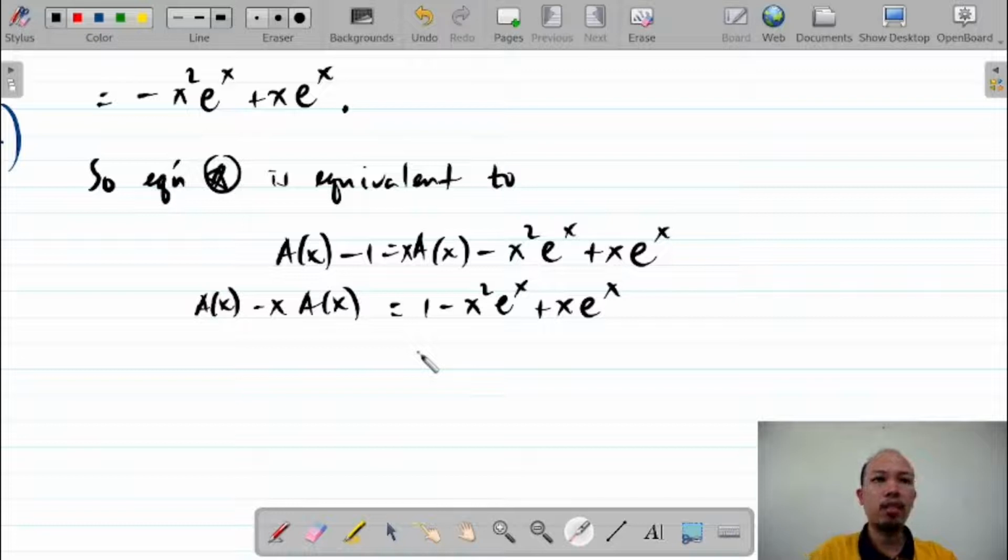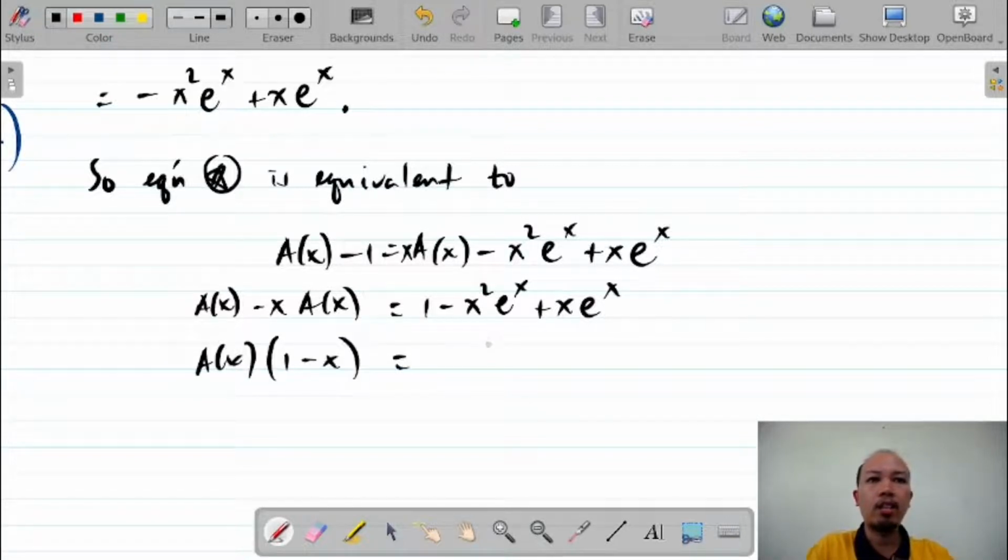Let's factor out a of x. This is 1 minus x, and on the right hand side of the current equation, we can factor out x and e to the x. What remains here is negative x plus 1.